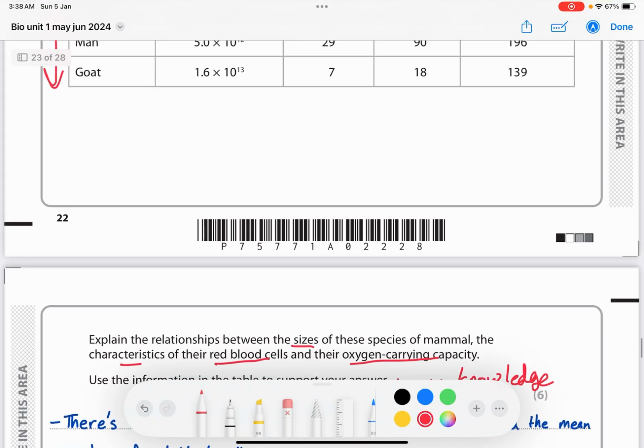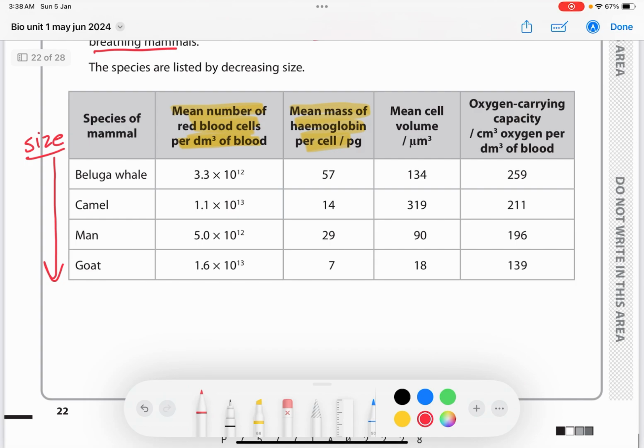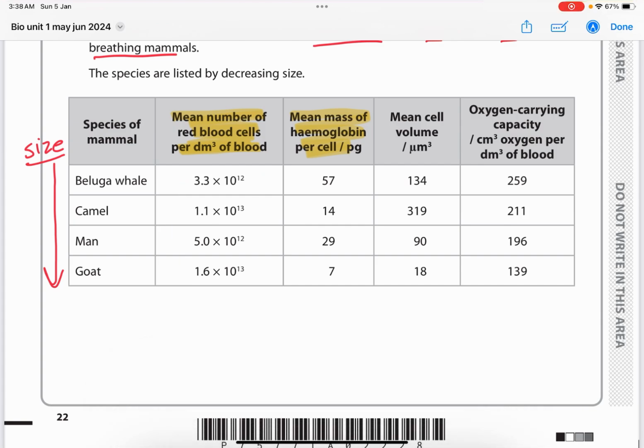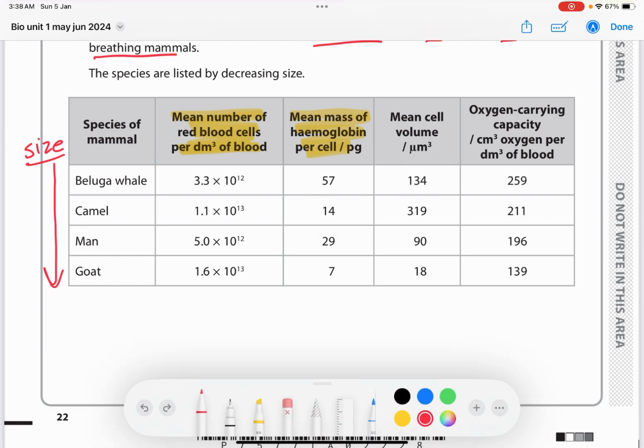Let's see that, okay? As we can see, the values over here are inconsistent, right? We have one which is high, one which is high, one which is high, one which is low. So what I like to do was rank them in order because I think it helped me out.